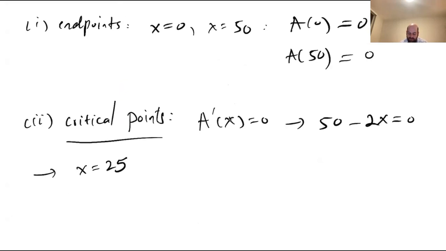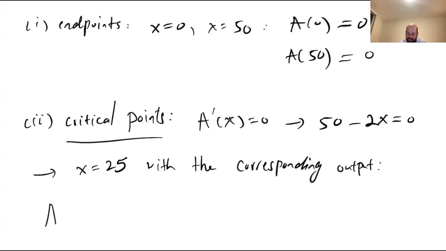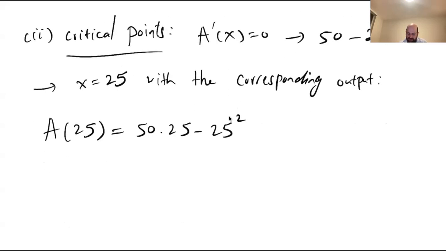For the critical point, I have only one, so the corresponding output, the area at 25, will be 50 times 25 minus 25 squared. So that will be 25 times 50 minus 25, and that's 25 squared.